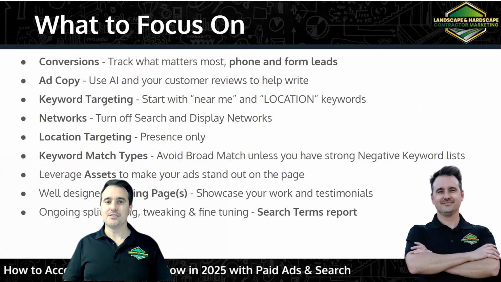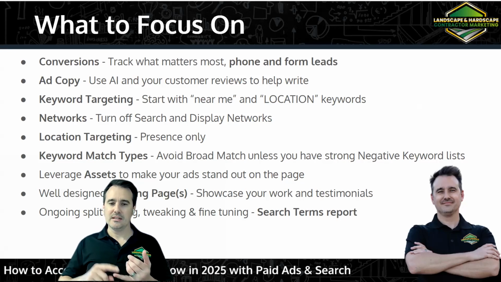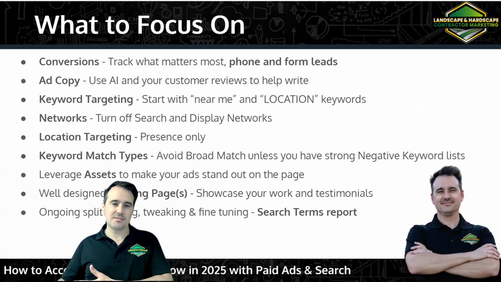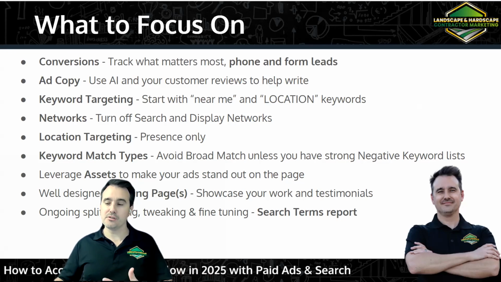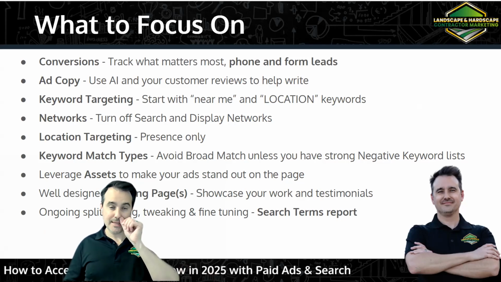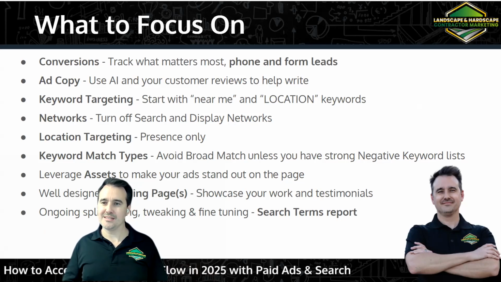And if there are search terms that aren't relevant, that wouldn't be related to your business, your area, your services, competitor, things like that, you can actually add them as negative keywords to stop Google showing your ads or triggering your ads for those search terms. And that's an ongoing basis on optimizing. That's one component of that, but it's one of the key areas there.